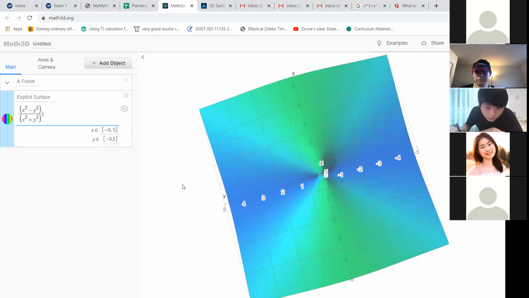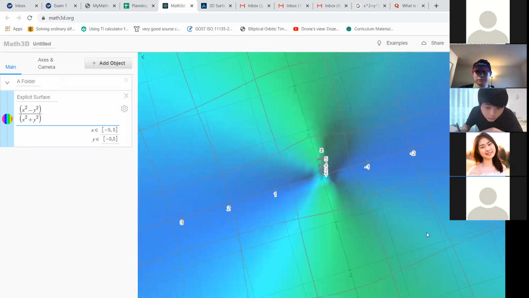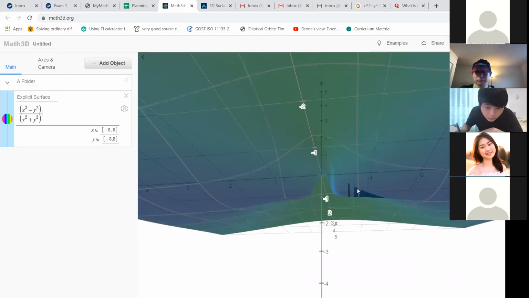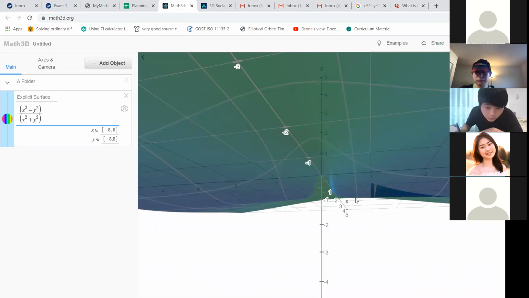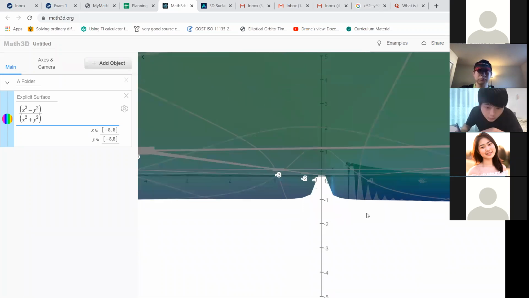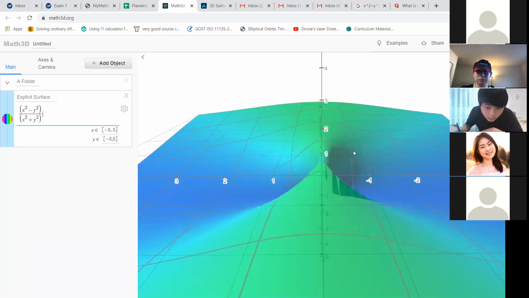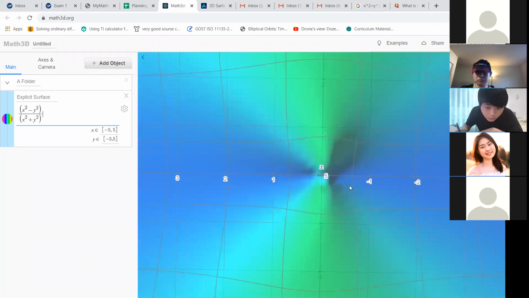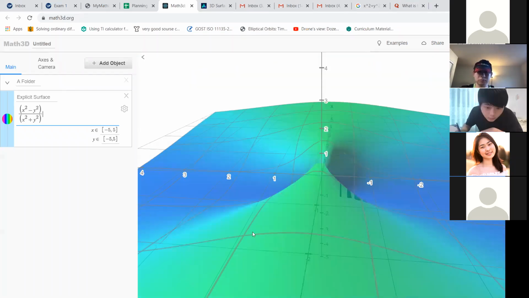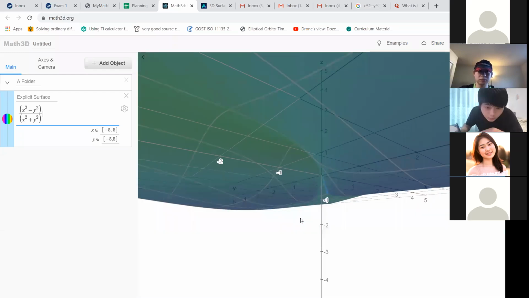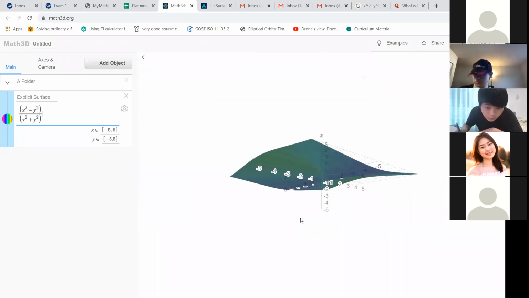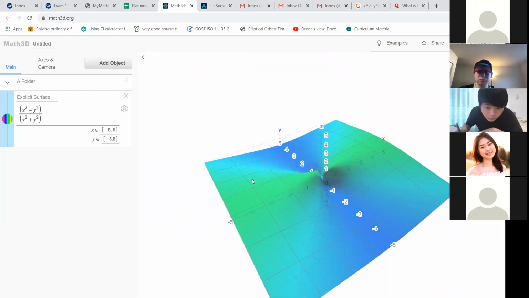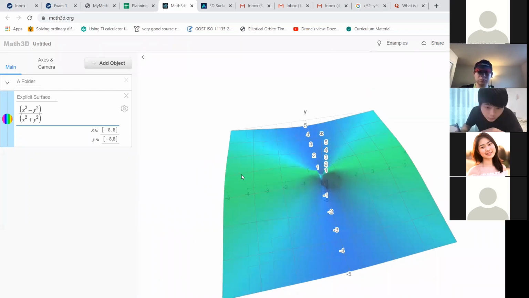As you can see, at the origin, look at the behavior of the graph of the function. The limit doesn't exist.